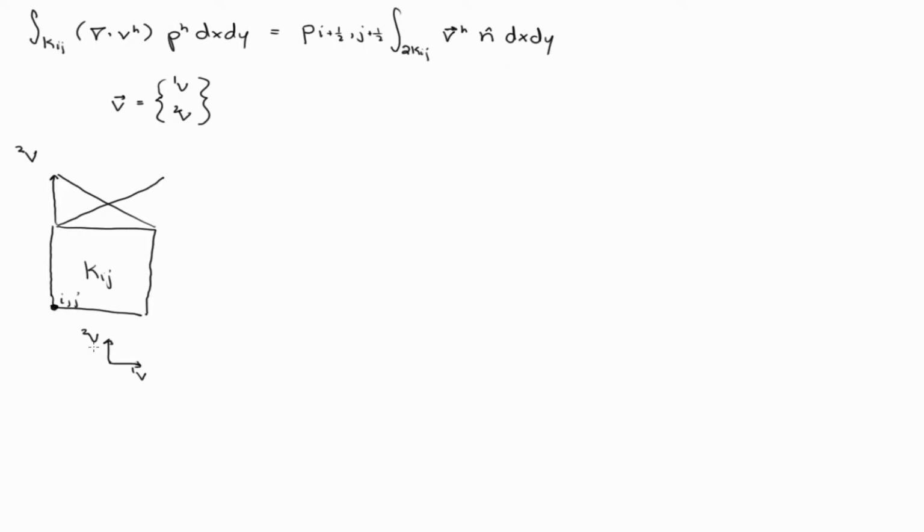Okay? So this point right here, this height, is V2 at i, j plus 1. And this one is V2 at i plus 1, j plus 1. Right? So that's just this surface. We have to integrate over all four of them, right? So we'd have another one here.